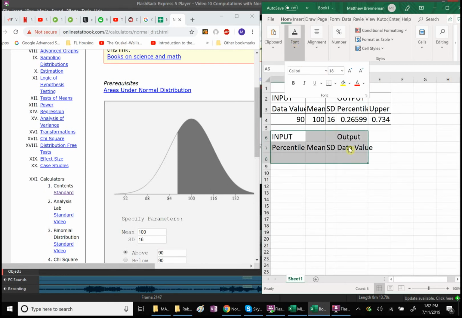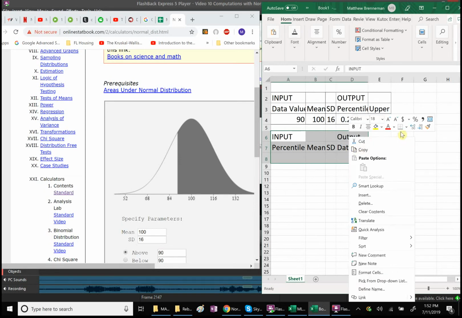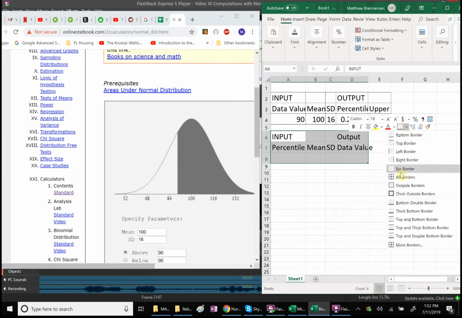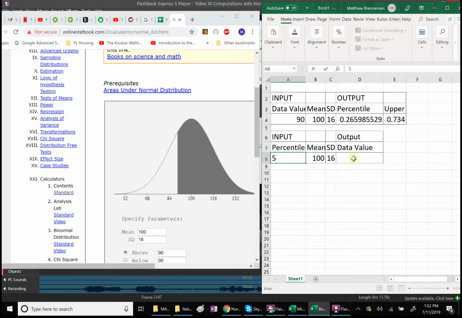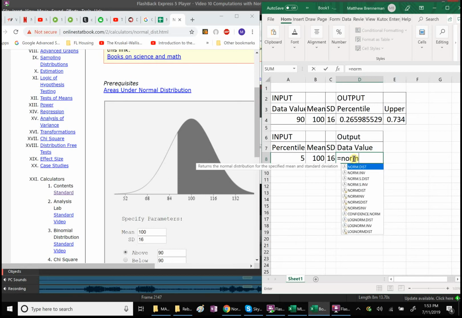There we go. All right. So again, the mean and the standard deviation are the same. I have to enter the percentile. So if I want the upper 5th percentile, I should enter 5, right? And now I'm going to use the norm.inv command.